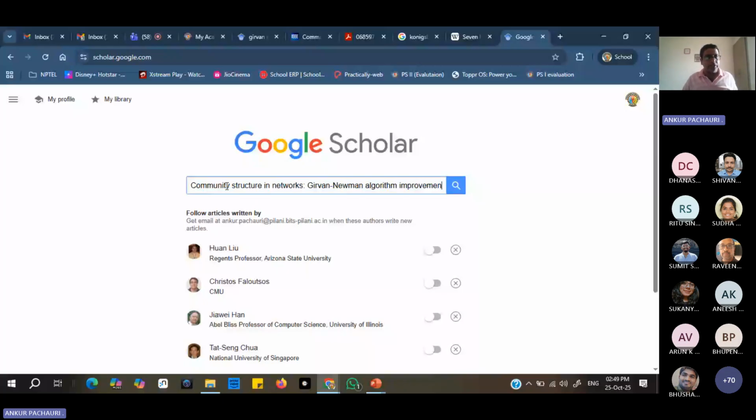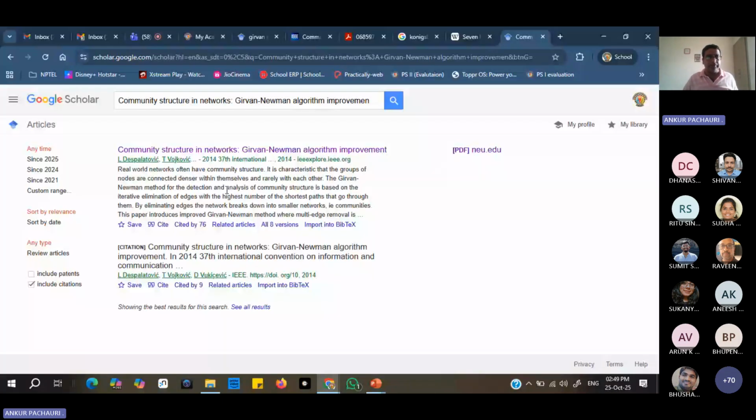I will get some information. So this is the paper which I was looking for. Some text which I'm not bothered about as of now. It is cited by 76. That means there are 76 researchers who have followed this paper.